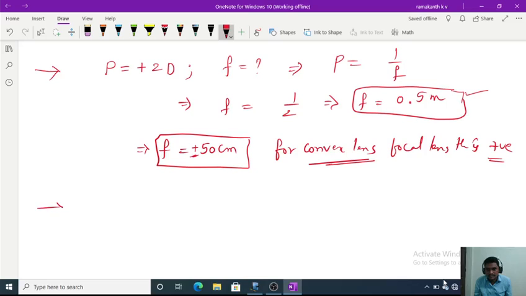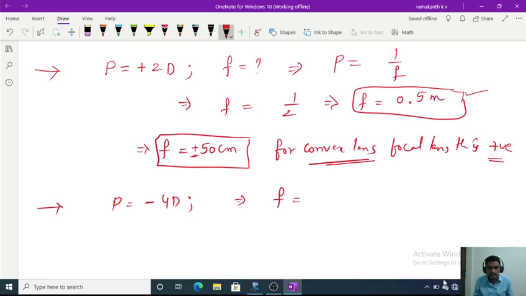Now another doctor, for another person, is suggesting a power of minus 4 diopters. We need to find what lens is used to correct the vision and what is the magnitude of the focal length required.